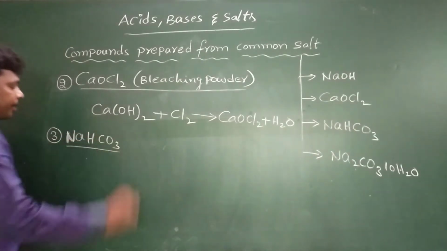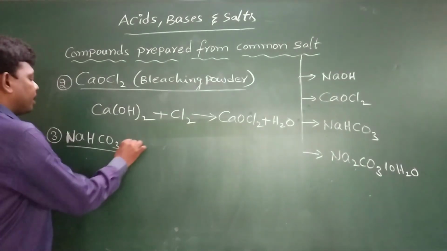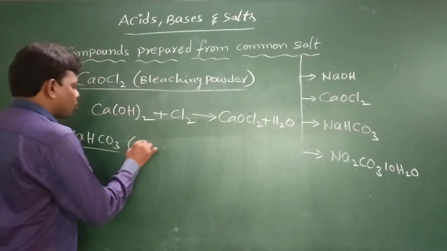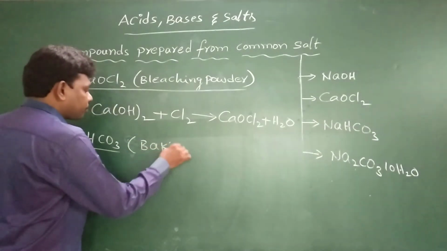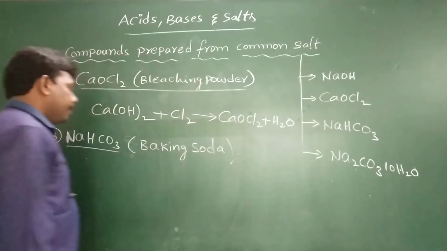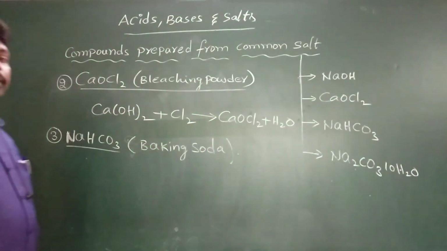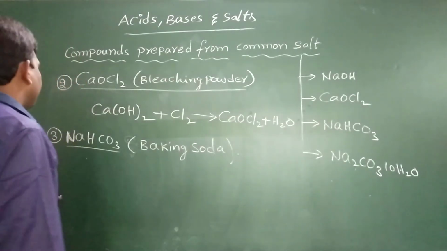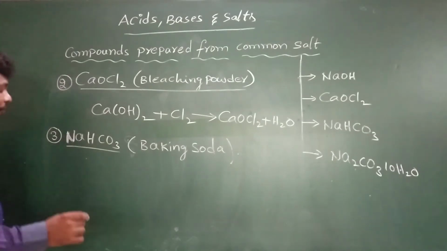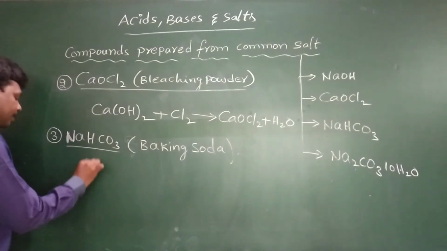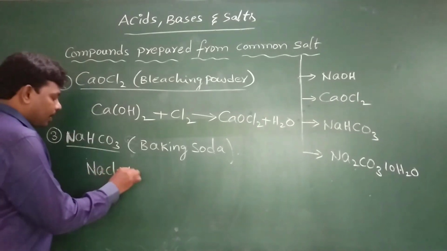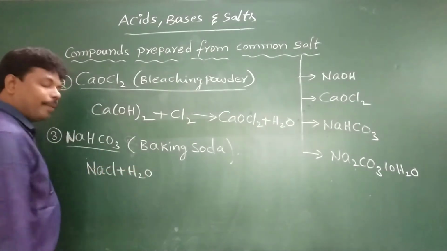NaHCO3. How to prepare NaHCO3? The general name is baking soda, or sodium bicarbonate. So here, first we have to take NaCl plus water, which is called brine solution.